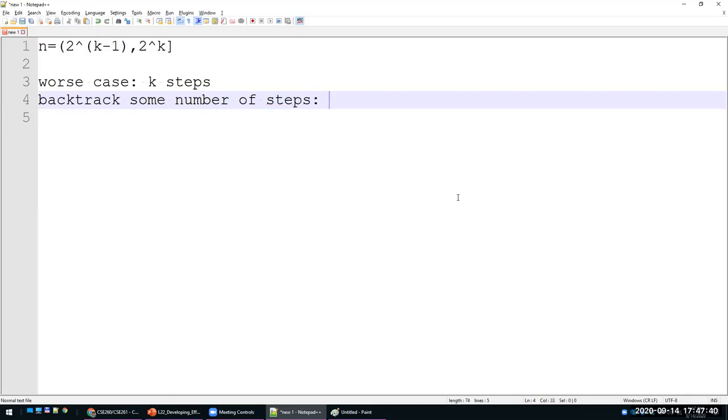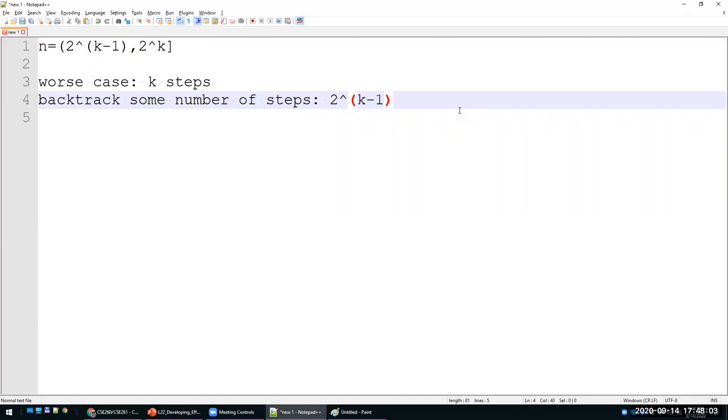In this case, it would be 2 to the power k minus 1, because the difference between these two numbers is 2 to the power k minus 1. Okay. Now, you can do it in the same algorithmic way that you did before.